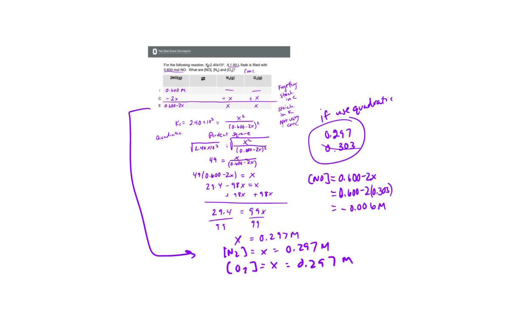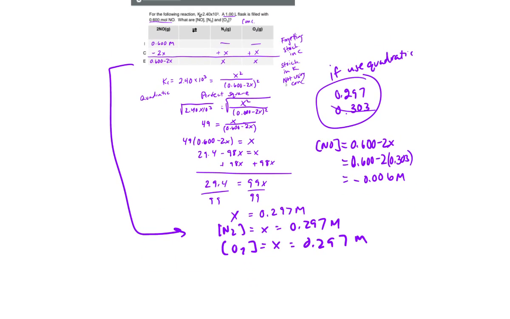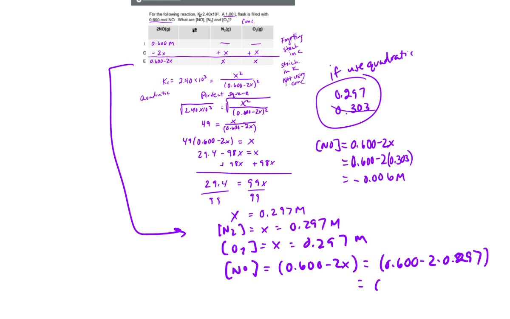And then the concentration of NO, using the correct solution to the quadratic, is 0.6 minus 2x, which is 0.6 minus 2 times 0.297, and we'll get 0.006 moles per liter.